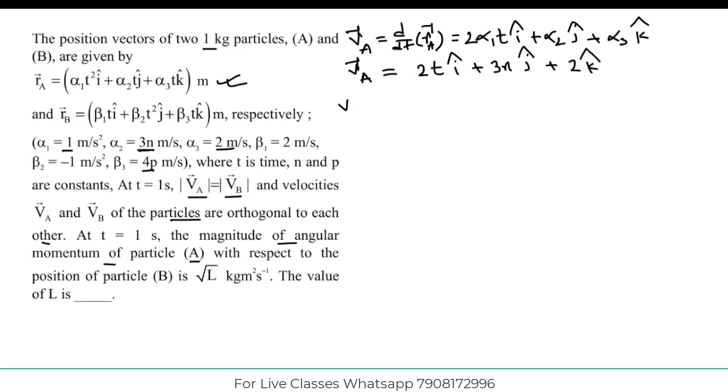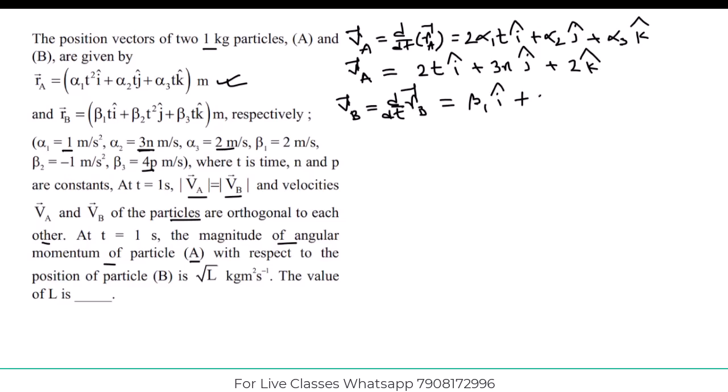And similarly if we calculate VB, that is d/dt of RB, so RB is beta 1 t i cap. So beta 1 i cap, since the derivative of t with respect to t is 1.